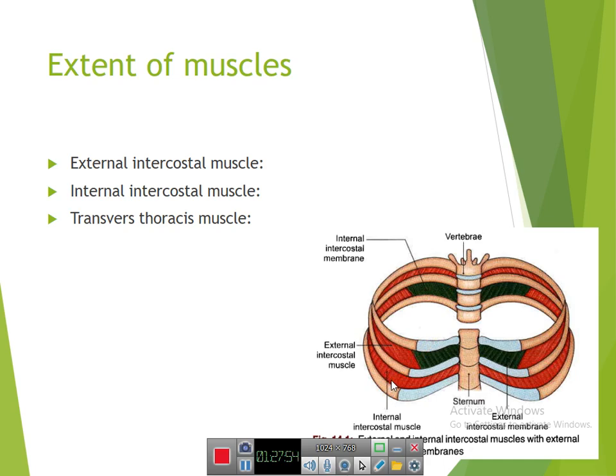The internal intercostal muscles extend from the lateral border of the sternum, which is their origin, to the angle of the rib. Here is the angle of the rib, 5 centimeters lateral to the tubercle. Here is the end of the posterior part of the internal intercostal muscles.